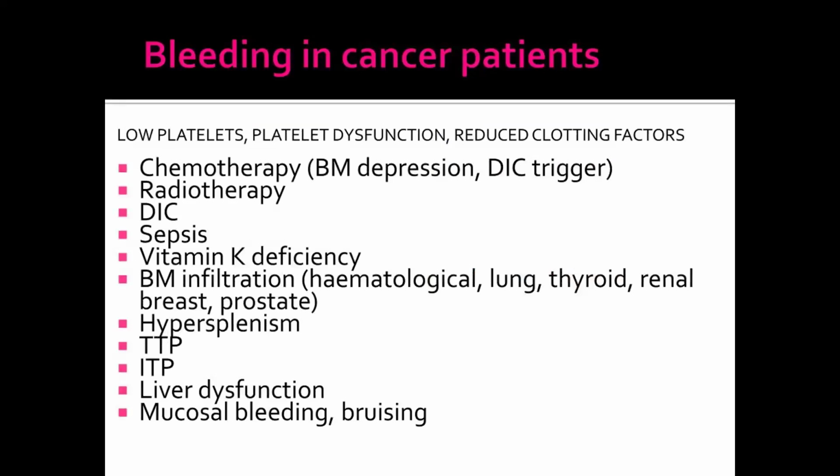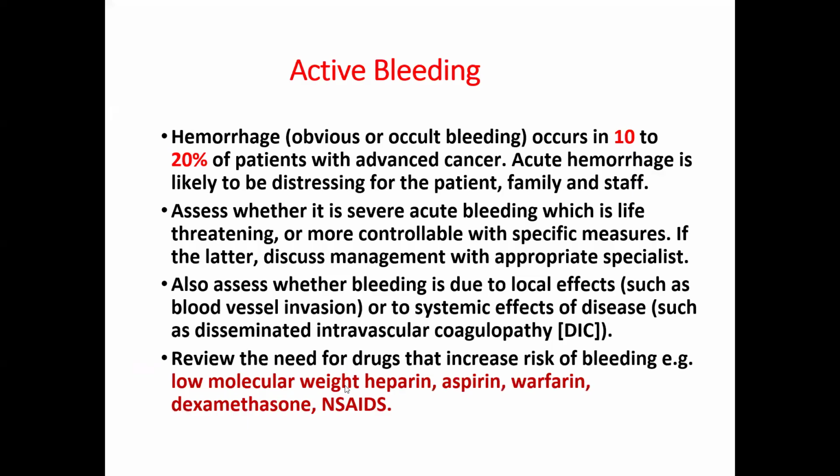Okay, bleeding in cancer patients. This is a very important topic, guys, because cancer patients are liable to bleeding for so many reasons. And I like this slide, to be honest with you, because it wraps up the whole causes: chemotherapy, radiation therapy, sepsis, vitamin K deficiency, hypersplenism, immune thrombocytopenic purpura, ITP, liver dysfunction, mucosal bleeding and bruising.